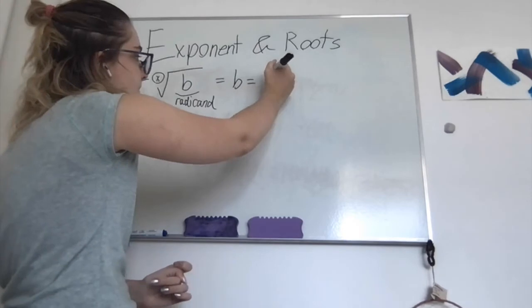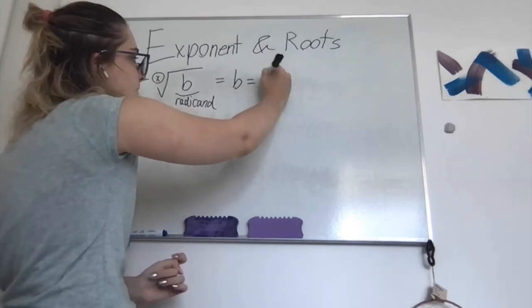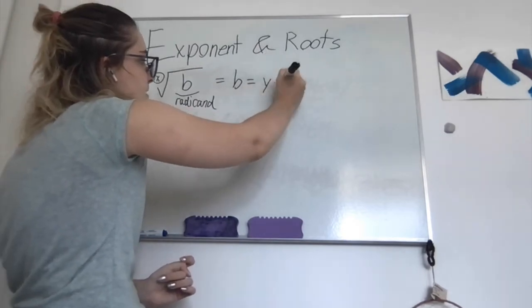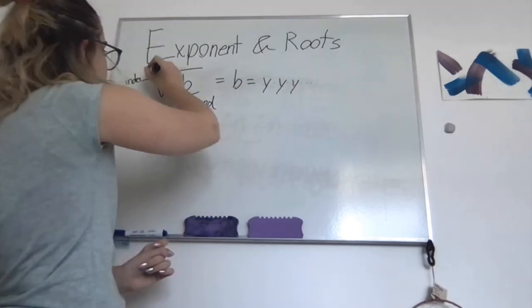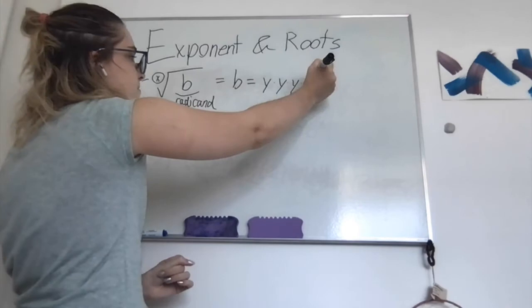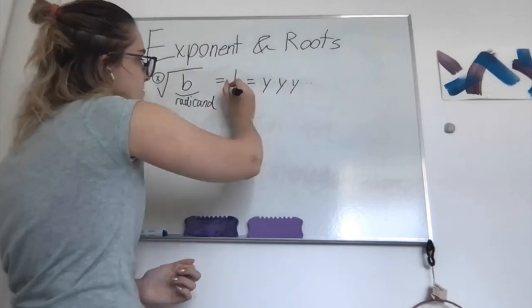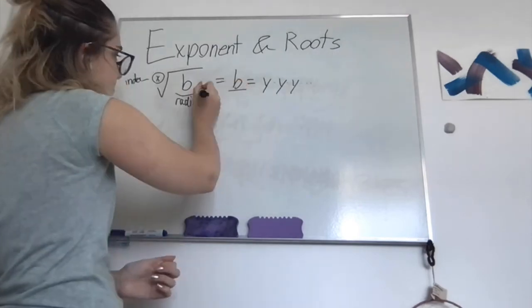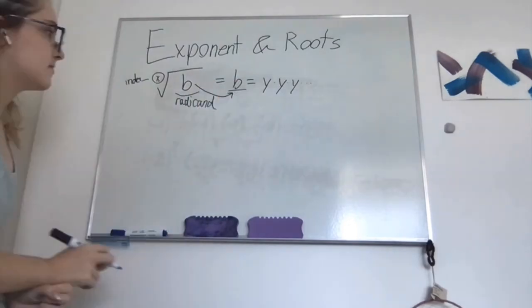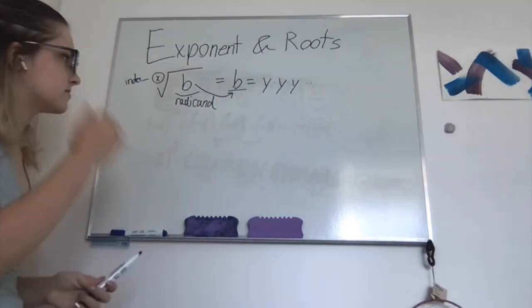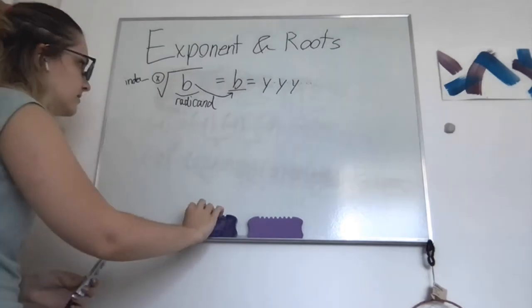So y times y times y and so on to this many numbers is b. So this may seem confusing at first, so let us use an example.